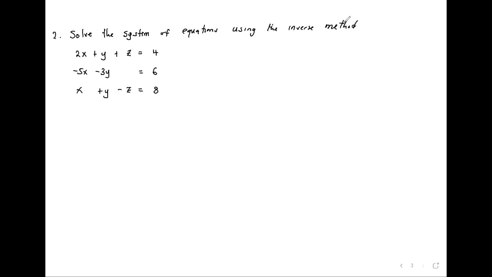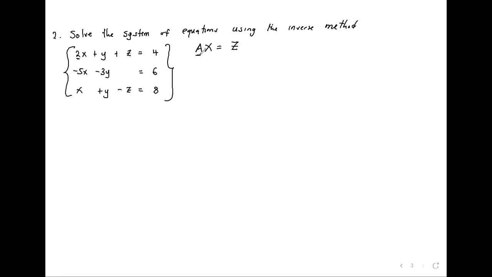Using the inverse method. So you say, okay, to do that, first thing you write this in the form AX is equal to B. What do we mean by AX is equal to B? A is the matrix of the coefficients of the variables.